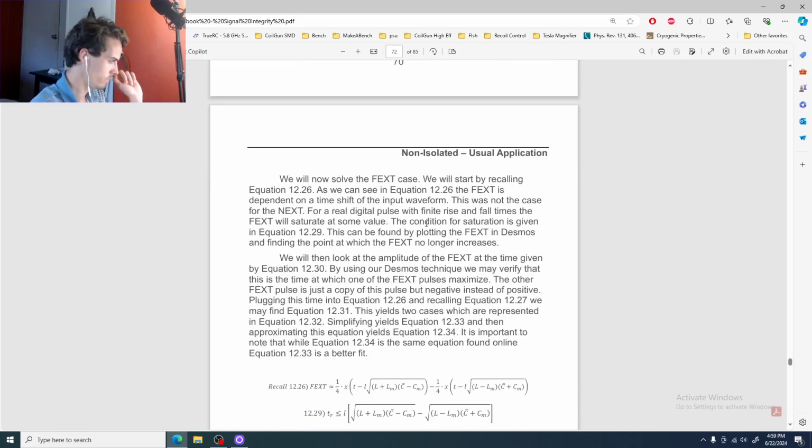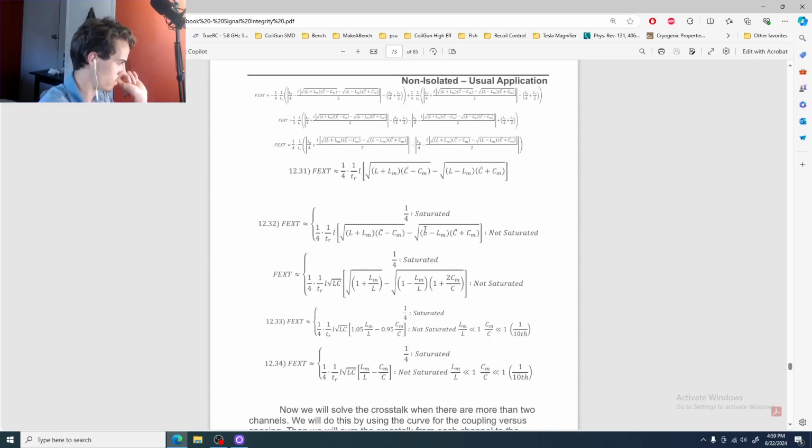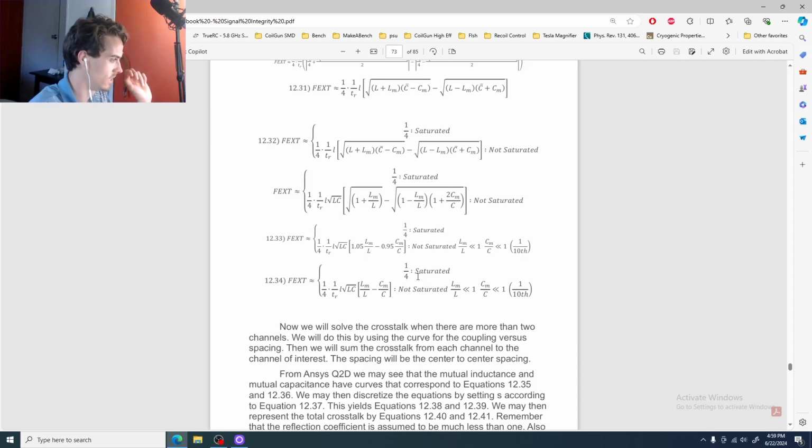Now the far-end crosstalk equation has two cases. Case one is when it's saturated: the maximum far-end crosstalk will always be 1/4 if it's saturated.